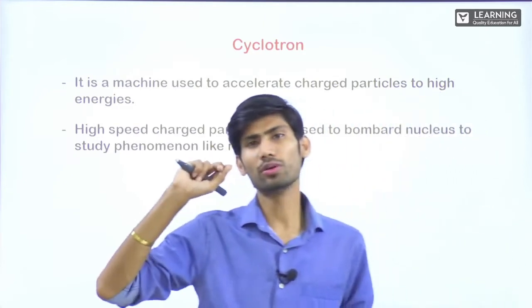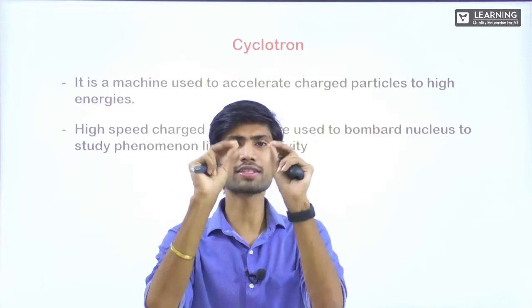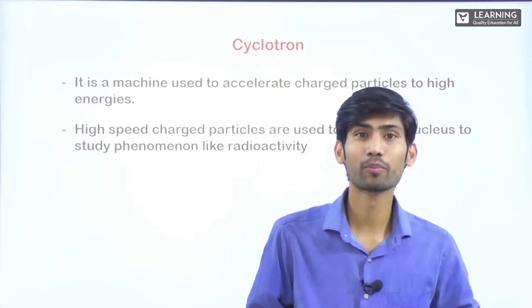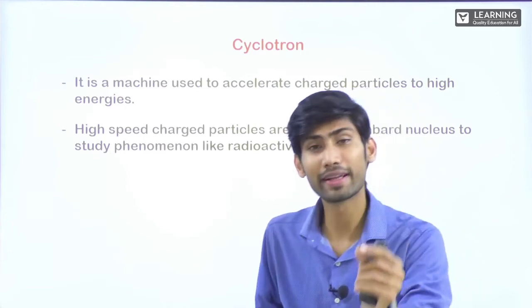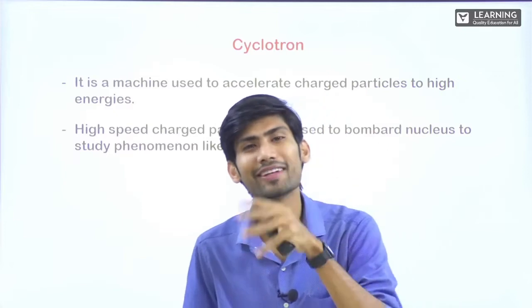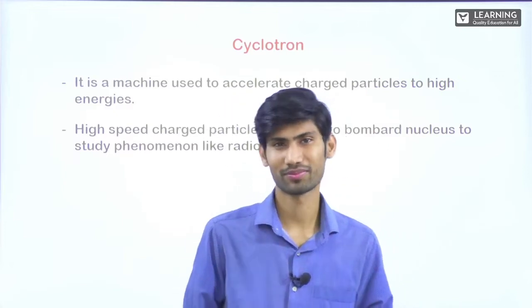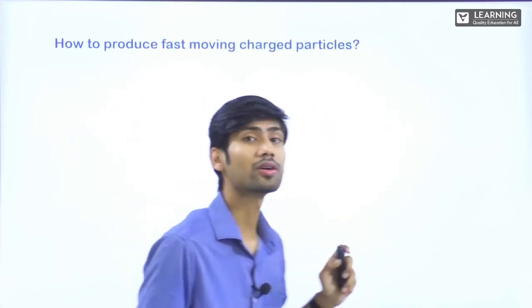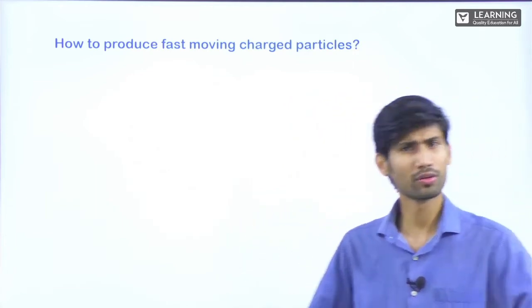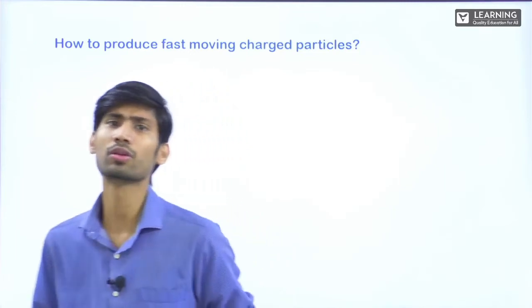Now, in which field will it speed up? If I ask you, if a charge is in a magnetic field, will its speed increase? Remember, if a charge is kept at rest in a magnetic field, the charge does not experience magnetic force. That means no acceleration, no velocity. It will be at rest only.